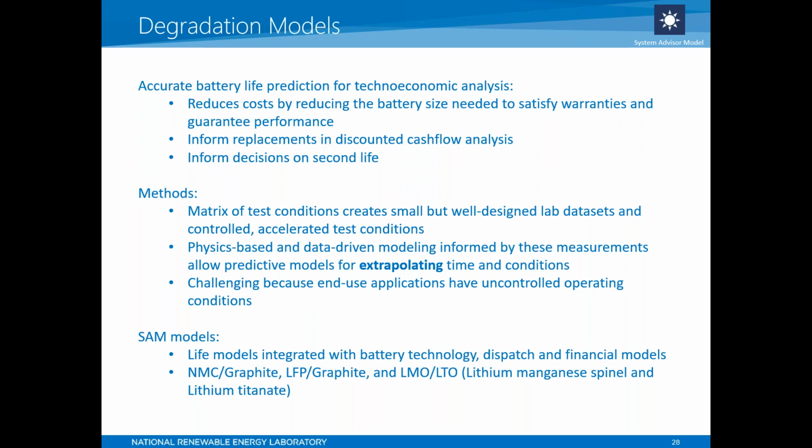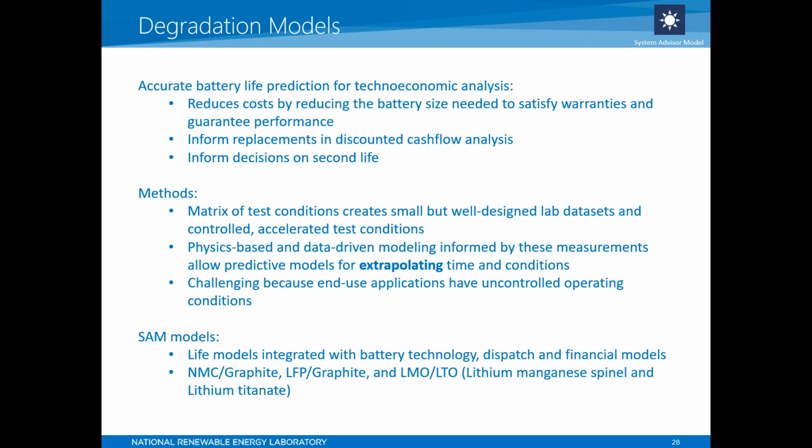The methods for these degradation models usually involve creating a matrix of test conditions from which you get a small but well-designed lab data set under controlled and accelerated test conditions. From there, physics-based and data-driven modeling can be informed by these measurements to allow predictive models for extrapolating to time and conditions unseen in the tests.